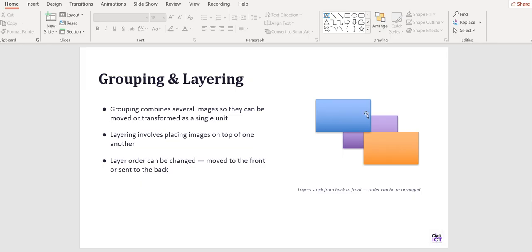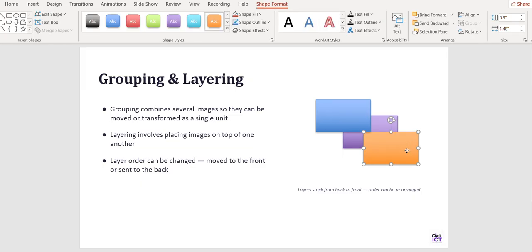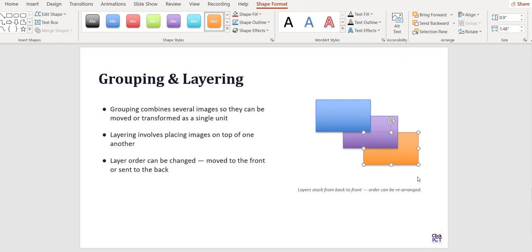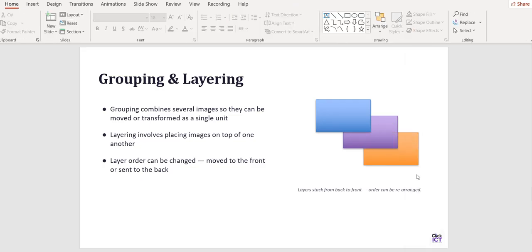So we can send it to the back. We can send this one to the back also, the orange one. Right click on it and then send to back. You can see that it has gone to the back. So this is called layering. Layering involves putting the images on top of one another, and we can move them to the front or send them back as well.